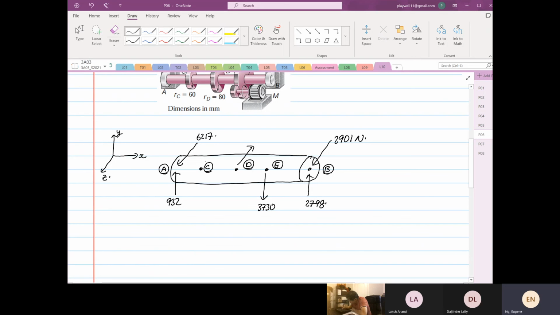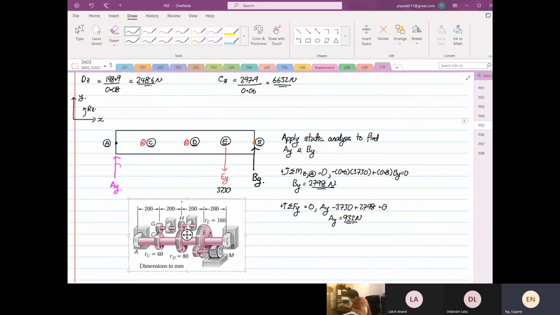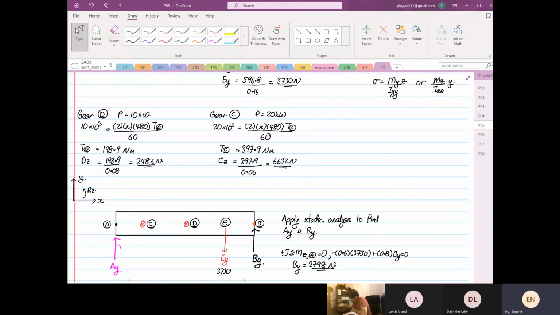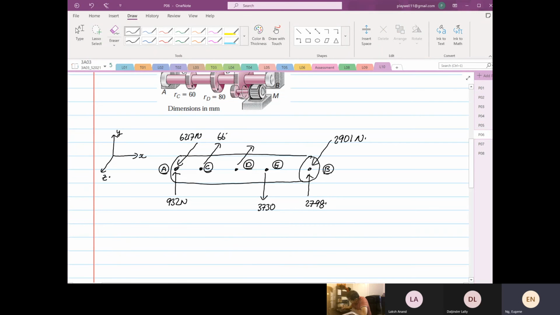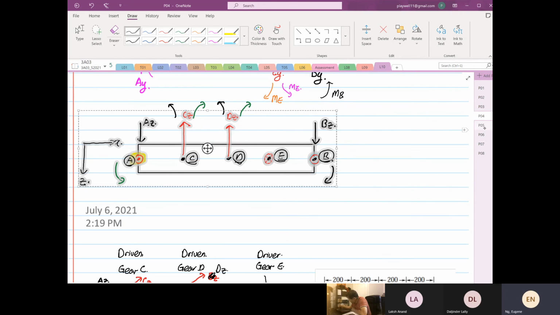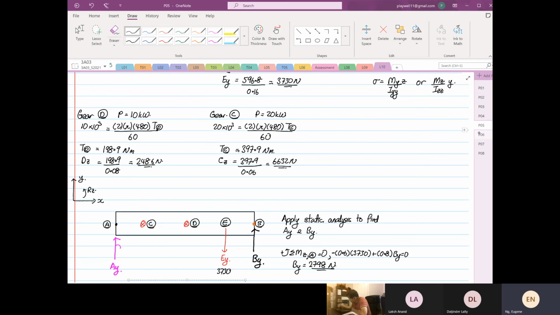Everything is in Newton. 6217. CZ, which we calculated earlier, is 6632 Newton, and our DZ is 2486.